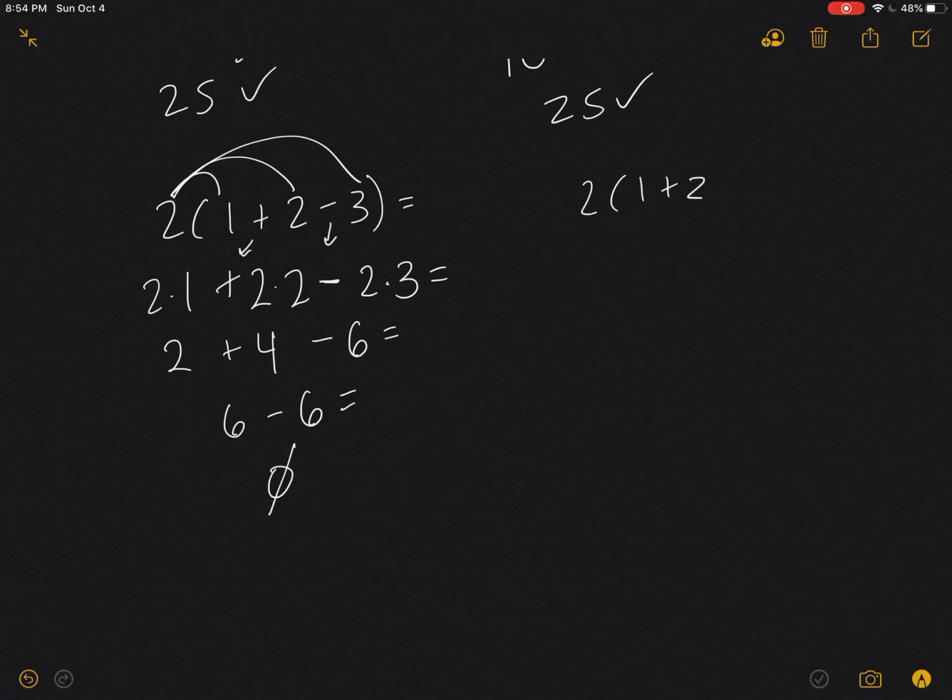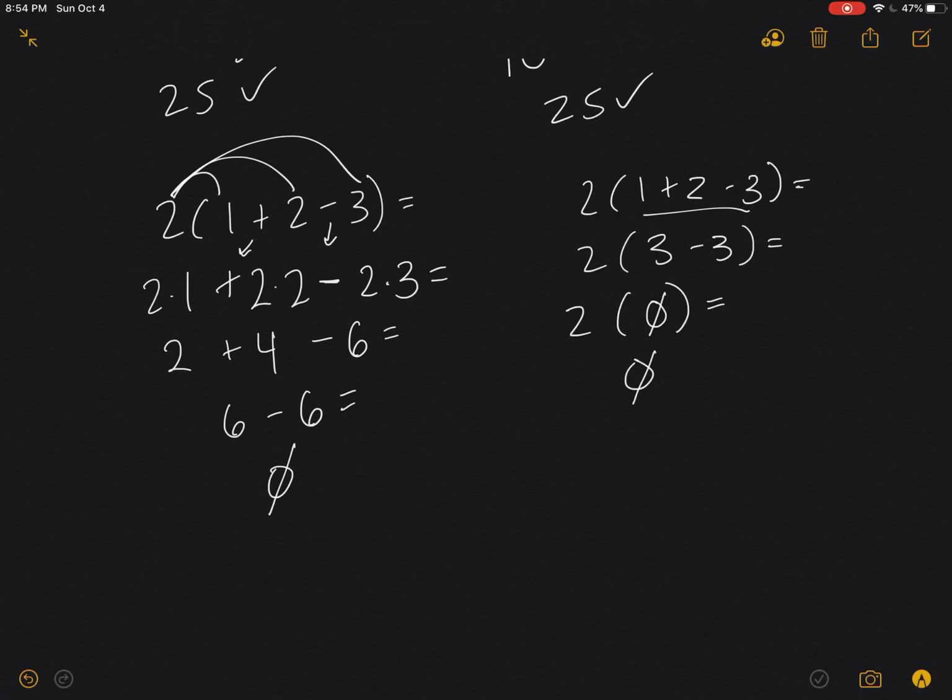And if you want to check it, 1 plus 2, just to show you that it works either way, you have to do the order of operations within your parentheses. And remember the zero product rule, anything times 0 equals 0. So it checks out. We get the same thing no matter which way I decide to do it. So I just wanted to go over the distributive property with simple numbers, just to show you that this is valid. When you get to variables, hopefully it will make more sense.